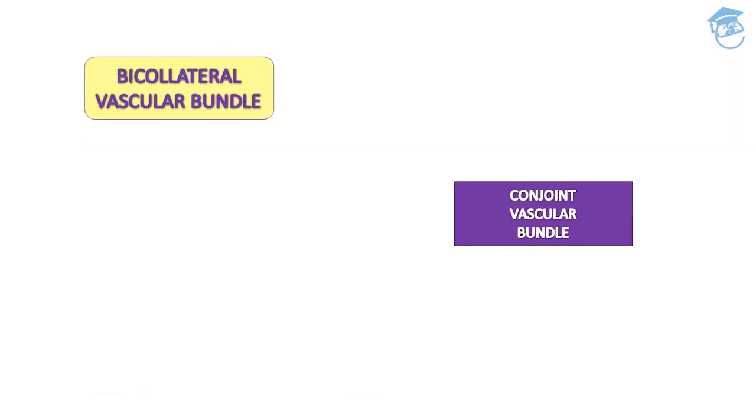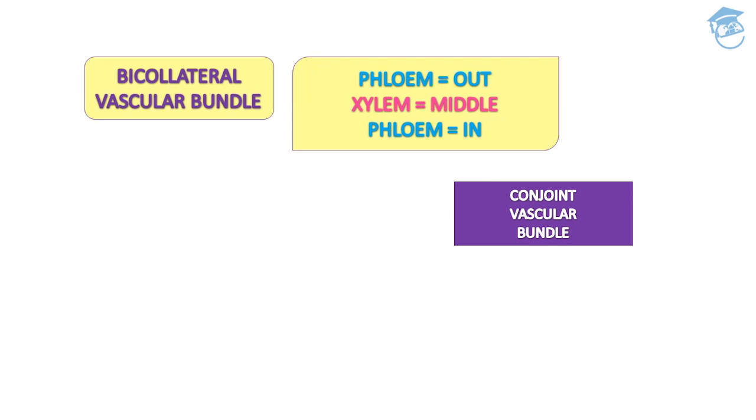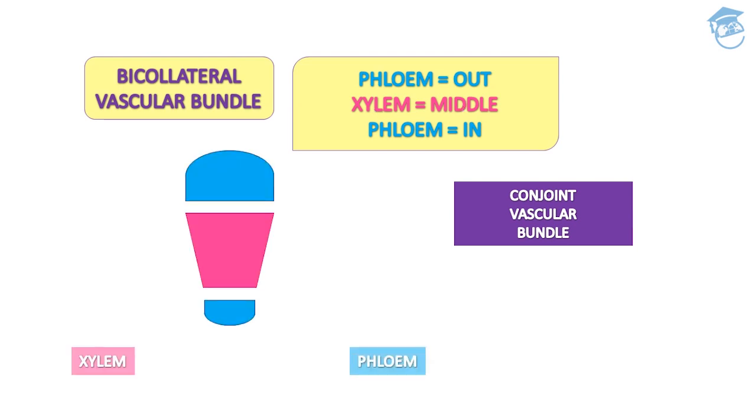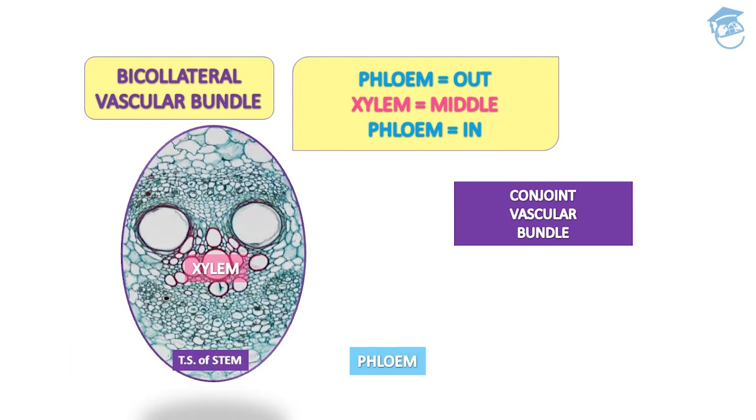Now we'll talk about the bicollateral vascular bundle, wherein phloem is present outside, xylem is present in the middle, and phloem is present inside. So phloem on the outside and inside, and xylem in the middle. So this is xylem, and this blue color is representing phloem, and it has cambium. It is found in stem, and it is called bicollateral vascular bundle.